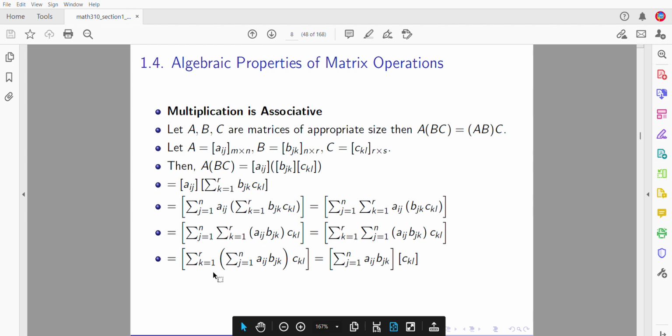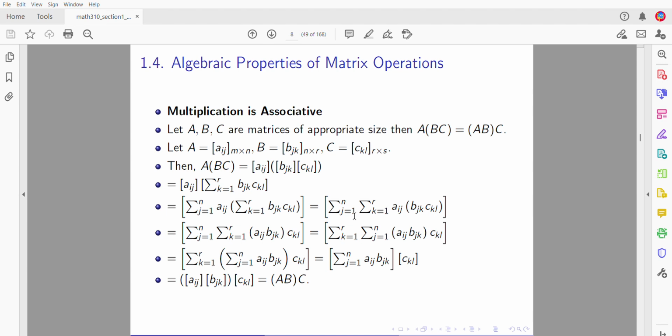What does this mean? This means I'm taking this matrix, multiplying to the C matrix. That is AB and C outside. These two are matrix Aij, matrix Bjk. So this is a rather intricate proof. You will have to write it by hand 2-3 times to see the details carefully. I'll stop here, continue with the next video.